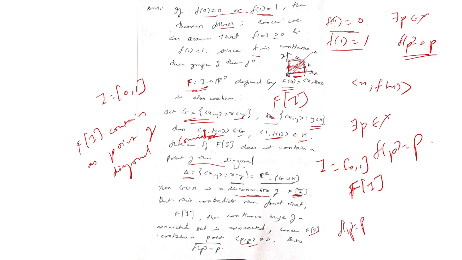What we have to prove is that f of I should contain this diagonal, right? But you have assumed that G and H are open. But I think G and H are not open because the interval is closed 0 1, so it will contain the boundary, not the square you depicted in the picture.